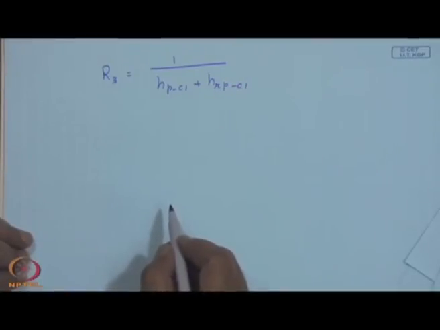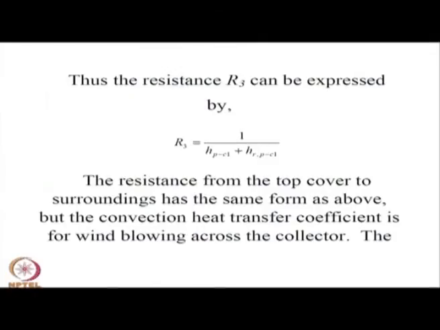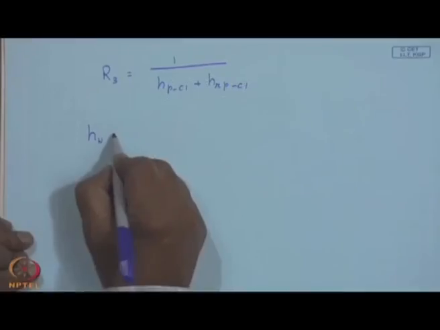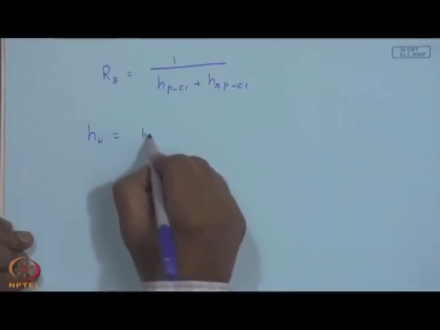So, the resistance from the top cover to surroundings has the same form as above, but the convection heat transfer coefficient is for wind across the collector, right. Now, this is R 3. So, what is H W? This is the wind heat transfer coefficient.